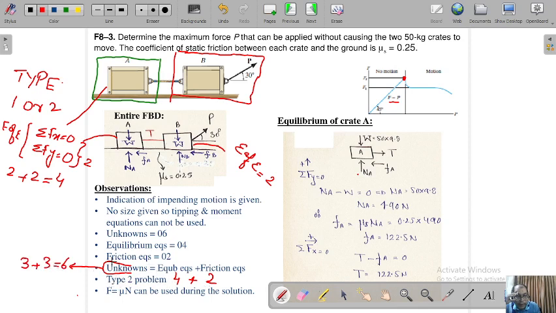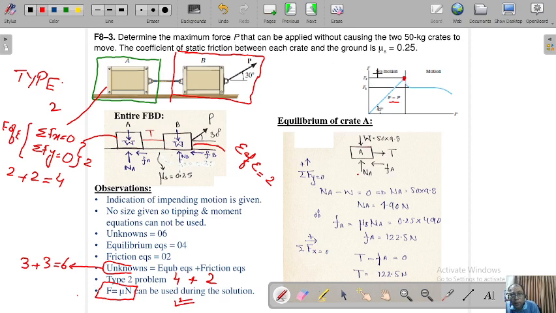This means this problem is a type 2 problem. In a type 2 problem you are allowed to use f equals mu n, because the point P is acting over here.